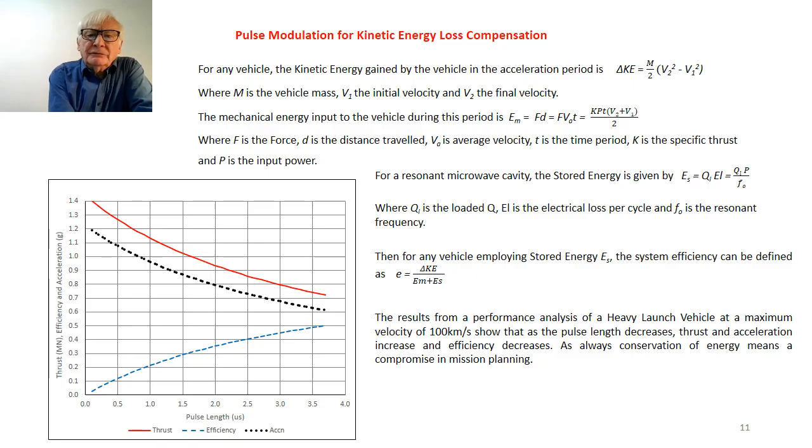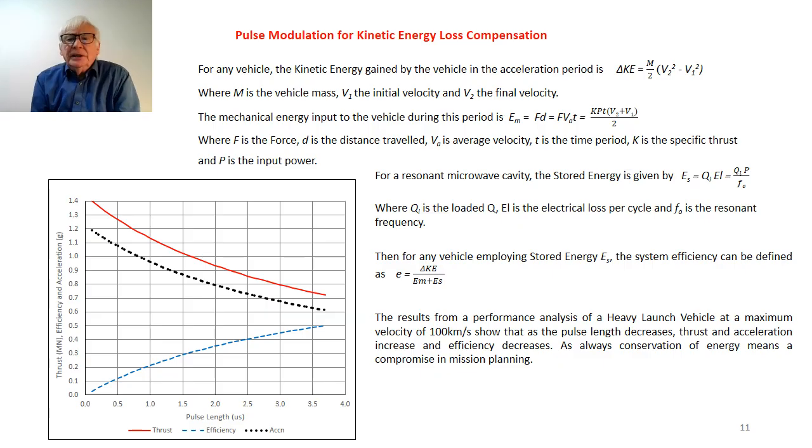In a resonant microwave cavity, the stored energy is ES, and it's given by Q times the EL, which is the electrical loss per cycle. This actually extends to Q times P, the power, divided by F0, the resonant frequency.